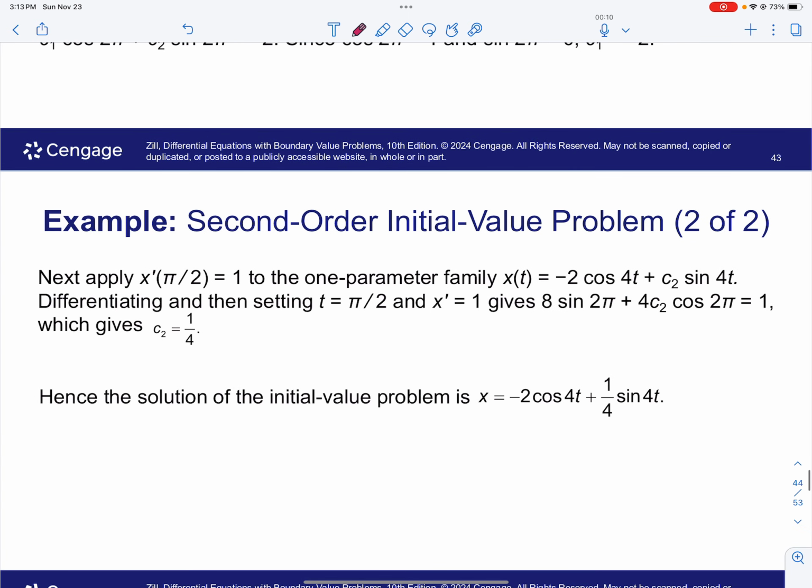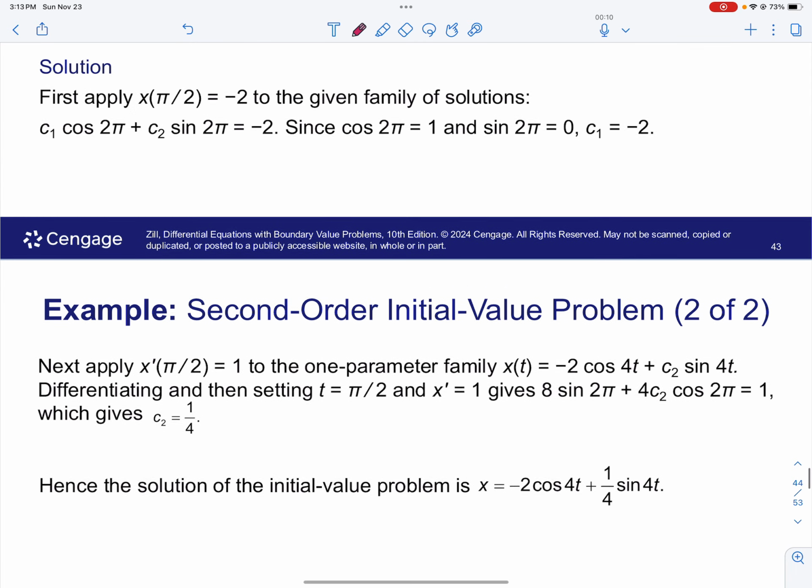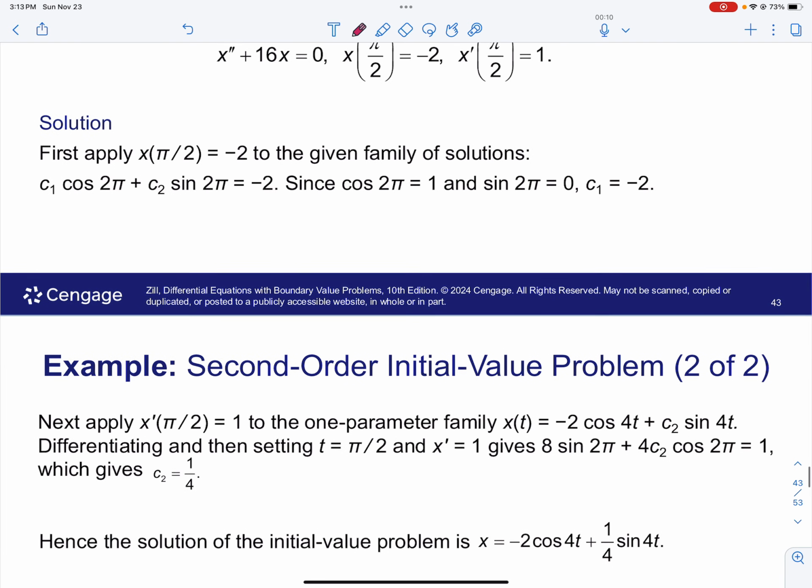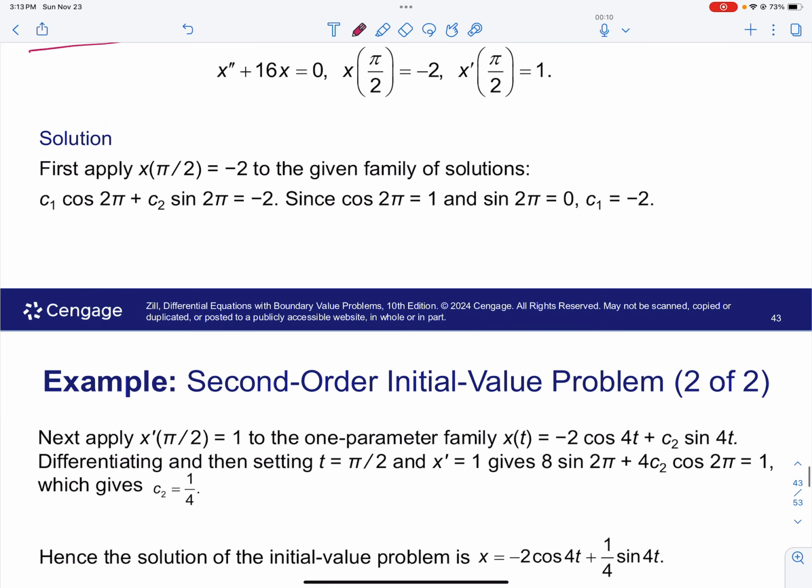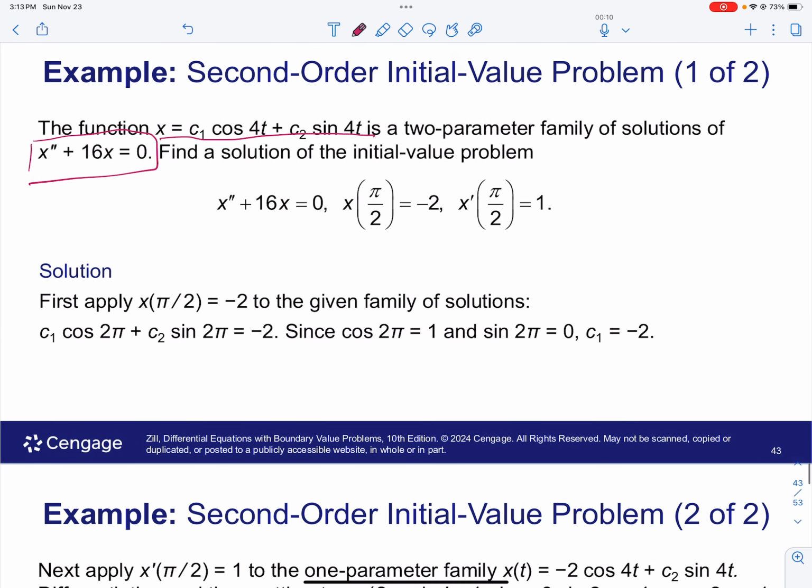Okay, and you can look at the conditions. It's the same thing as before. Because these are called a general solution, how could you find a particular solution? This means plug in x(pi over 2) equal to c1 cosine of 4 times pi over 2 plus c2 sine of 4 times pi over 2 equal to negative 2.